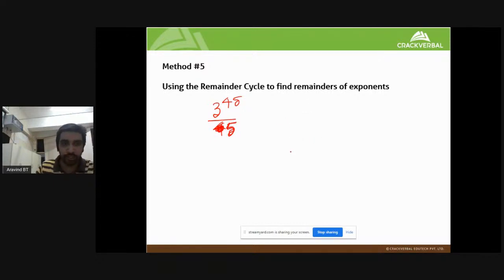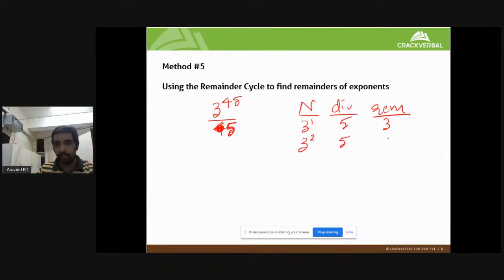Of course, I can use the unit digit cycle here, but just to explain how to form the remainder cycle, let us take the cycle. If the number is 3 power 1, my divisor is 5 anyways, my remainder will be 3. If my number is 3 square, divisor is 5, my remainder is 4.